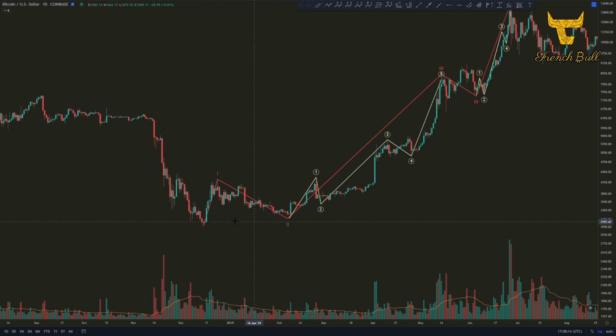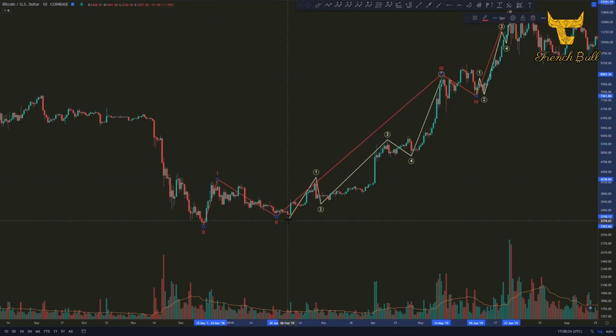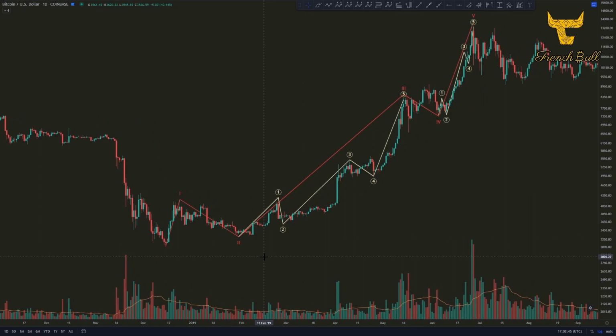Usually wave 2 is the one that retraces to the golden ratio, the 61.8%. So it retraces 61.8% of wave 1's impulse. It's a general guideline, but you already know that this is a crucial Fibonacci ratio, and in a wave 2, it's usually that ratio that is being tagged.